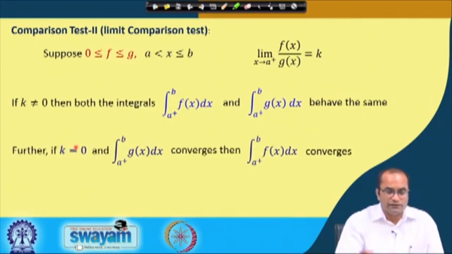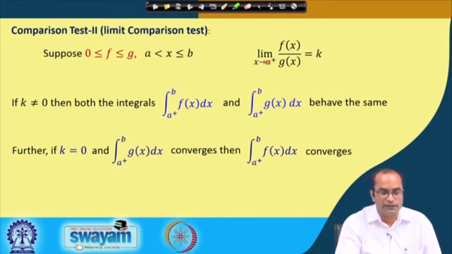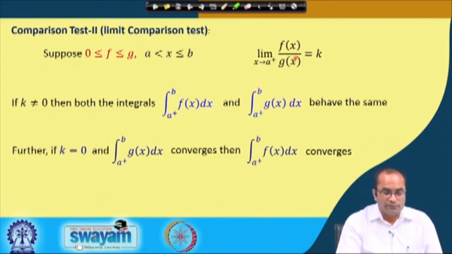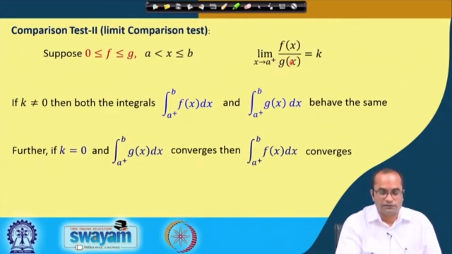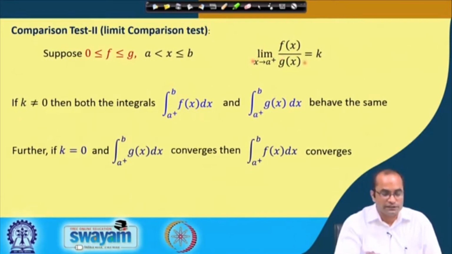Further, if we get for example this k to be 0, what is happening in this case is that g is growing much faster, perhaps going to infinity, than this f(x). So we got this 0. It seems that g is having larger values as x approaches a.